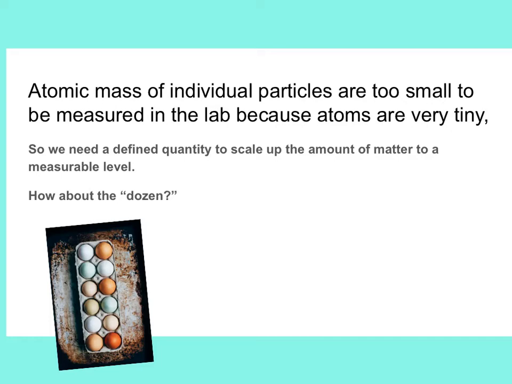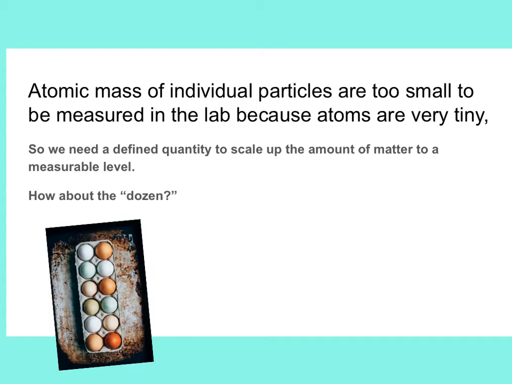If you recall, I pointed out that there's a table in your book in a previous lesson about the actual masses of particles like protons, neutrons, and electrons. And those masses in units of grams are extremely small, okay? So we can't measure individual particles.